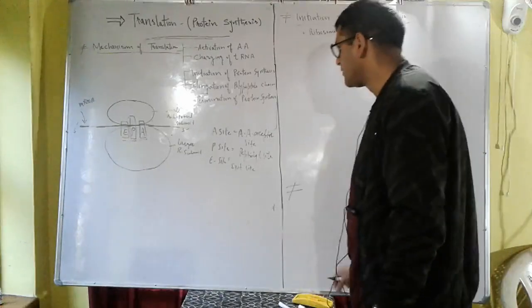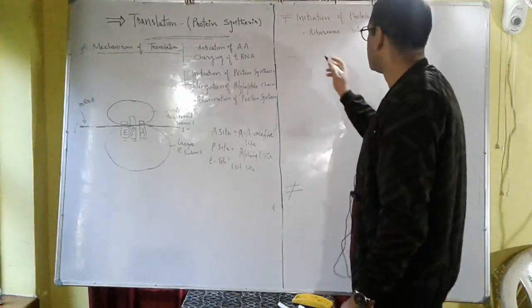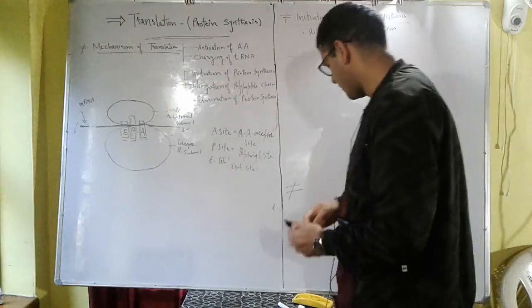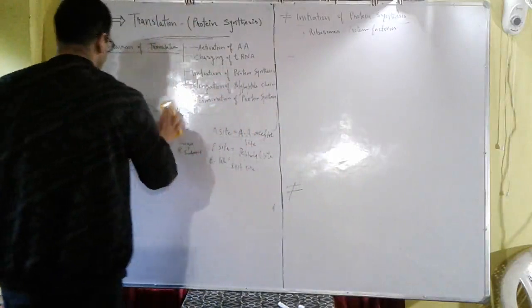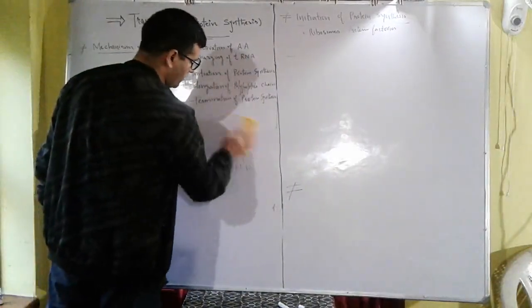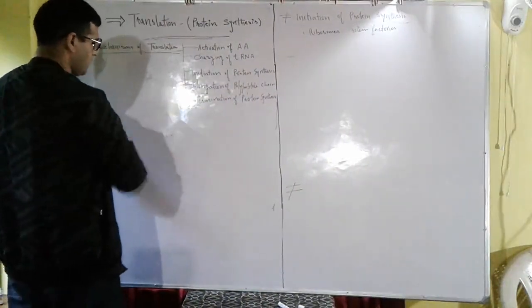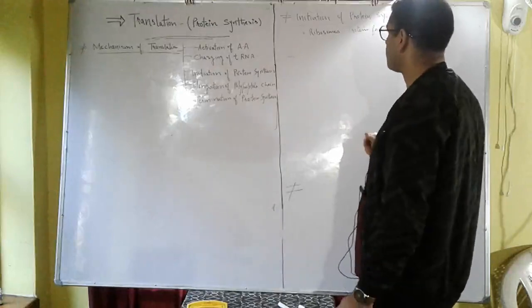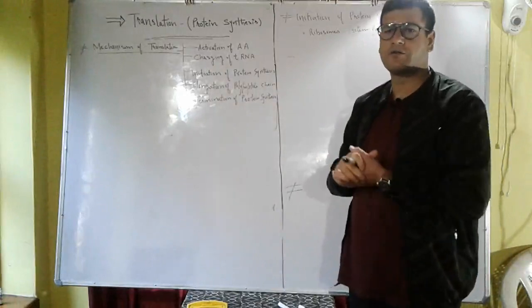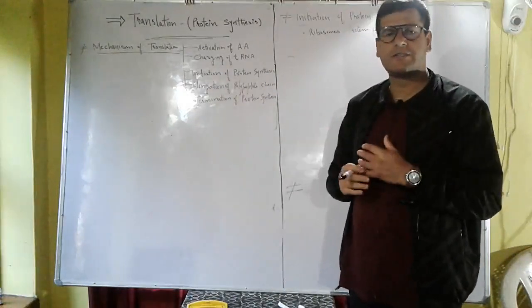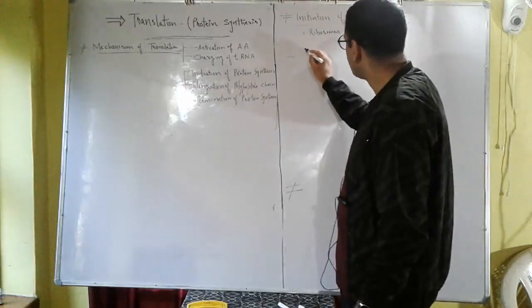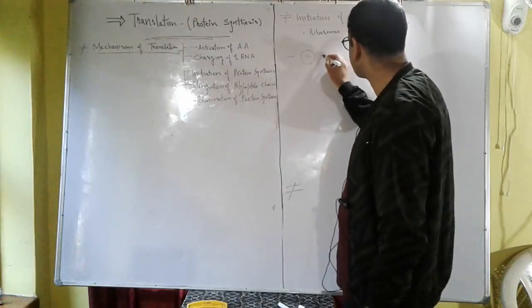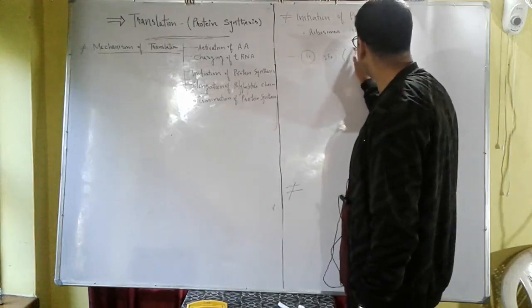How is protein synthesis initiated? The smaller subunit of the ribosome binds to the initiation factors, for example initiation factor first, initiation factor second, and initiation factor third.